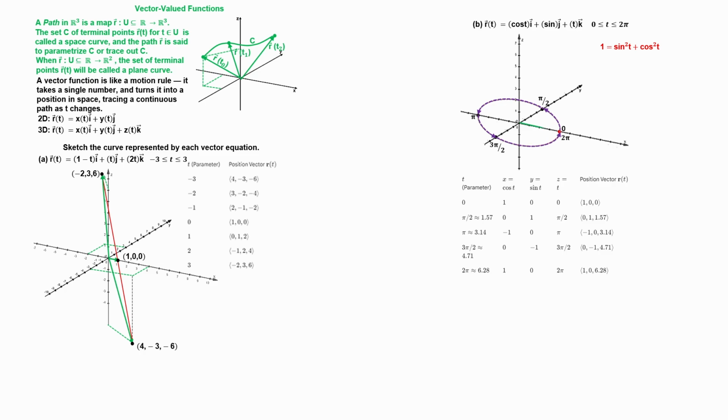The component z equals t is responsible for the upward movement. As time t increases, the particle spirals up the z-axis. Combining the two movements creates a helix, or a screw shape, that starts at 1, 0, 0 and completes one full revolution by the time it reaches a height of z equals 2 pi.